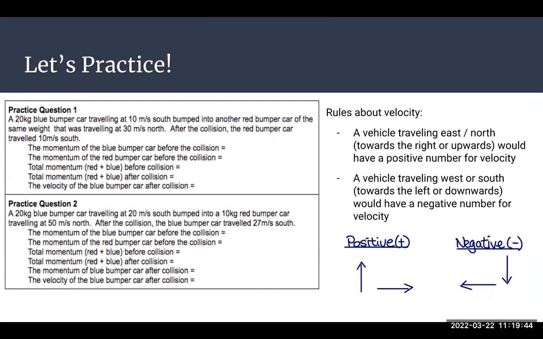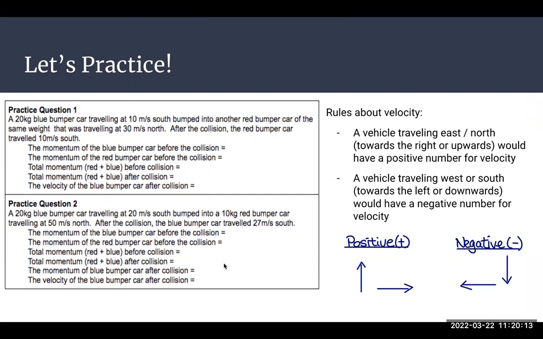If it's traveling south or downwards, then it will have a negative number. So for example, if something's traveling 10 meters per second north, then it would be positive, but if it's 10 meters per second south, it will be negative 10 instead. So pause the video, and I want you to attempt questions 1 and 2.